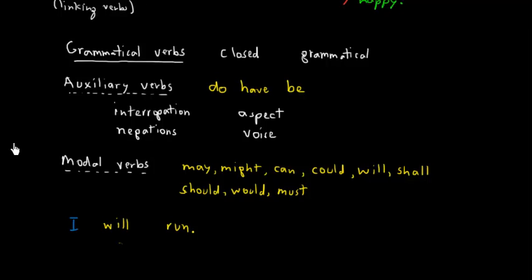Okay, do I actually know that? Is that actually a fact? Maybe, maybe not. I mean, a comet could come down and wipe out our town tomorrow. I don't expect that to happen. And then I won't run. But from where I'm sitting here in front of my computer right now, I'm saying that I will run.